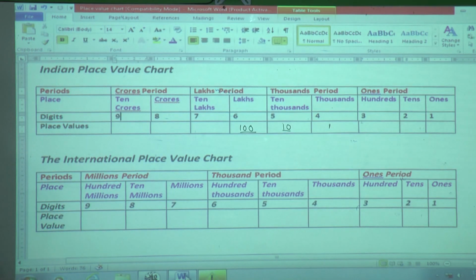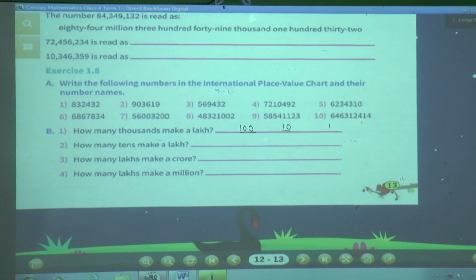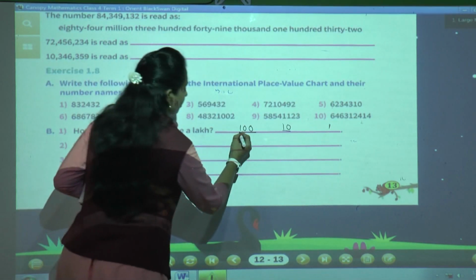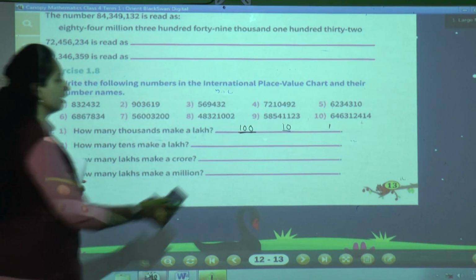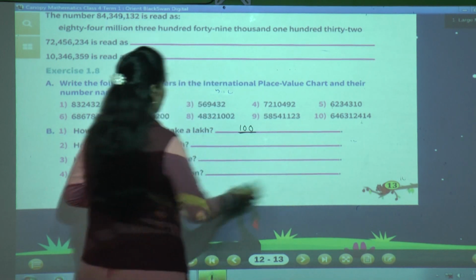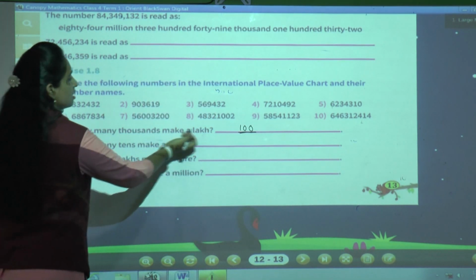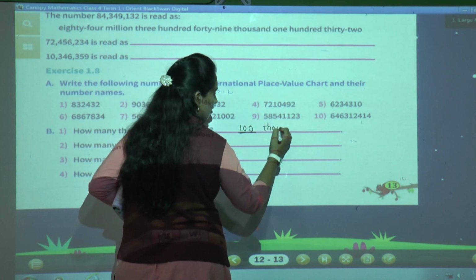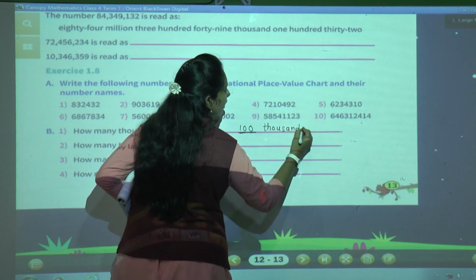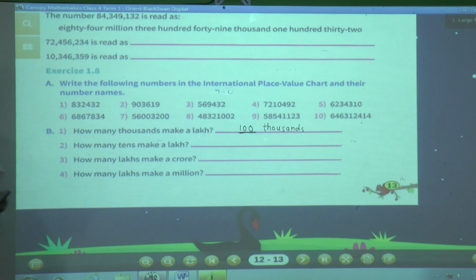Are you getting? So what is the answer here? Our answer is 100. Getting clear? Is it clear? So how many thousands make a lakh? 100 thousands. 100 thousands will make lakh.